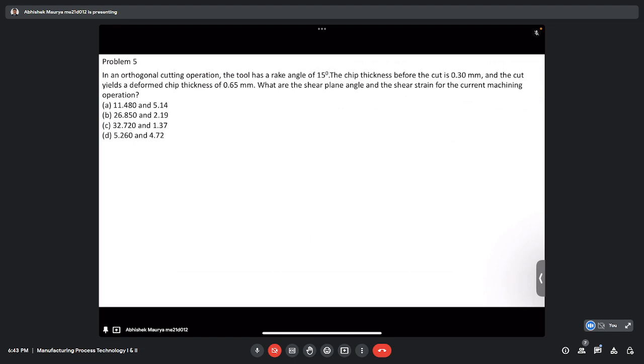Please read the question, and first of all try to find out how to approach this problem, and then you can try to solve it and give your response in the chat box.